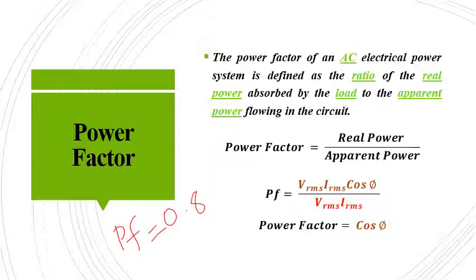That means 80% of your total power, or 0.8 times your total power, is used for useful work, and the remaining 20%, or 0.2 times the total apparent power, is your reactive power. So the greater the value of power factor, the more efficiently the power can be transferred.